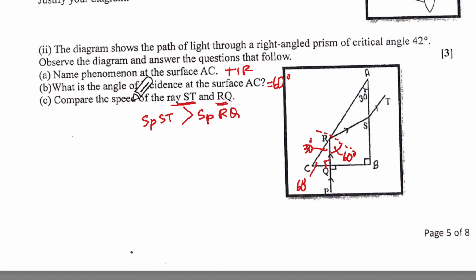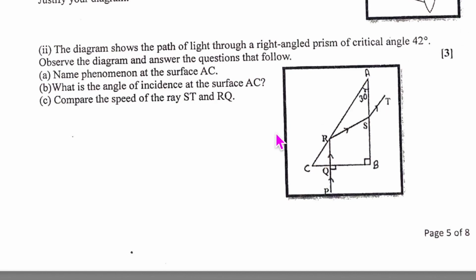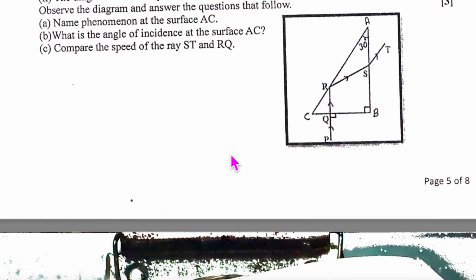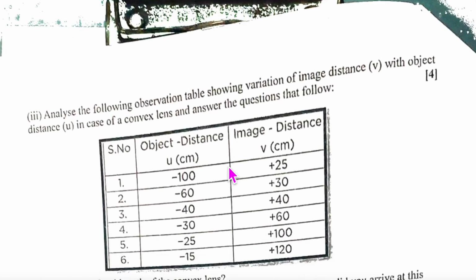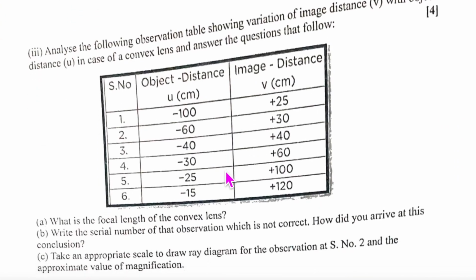They are not saying compare it with the speed of light. If they say compare with the speed of light, then ST equal to speed of light. Ma'am, I will check the speed of light in air or vacuum. That is what you meant. Okay? So the speed of ST will be 3 into 10 to the power 8, and RQ will be less than 3 into 10 to the power 8. Correct? Yes.